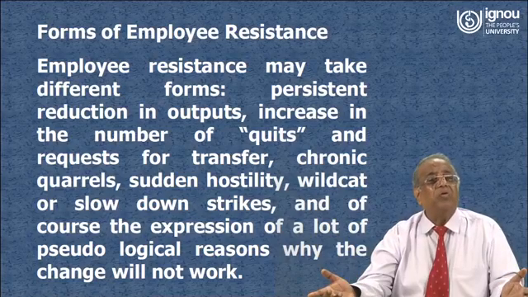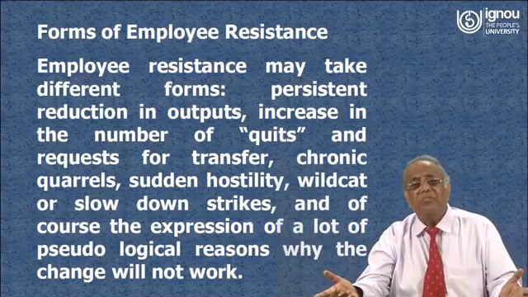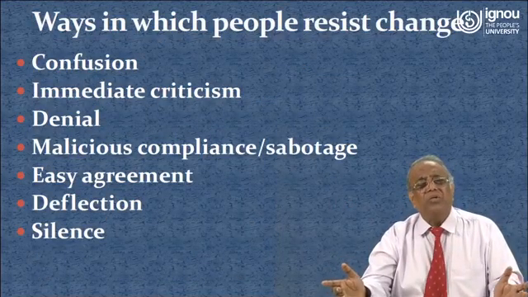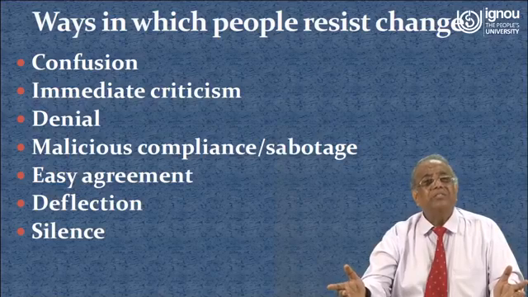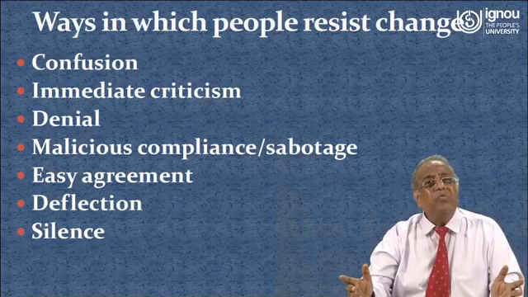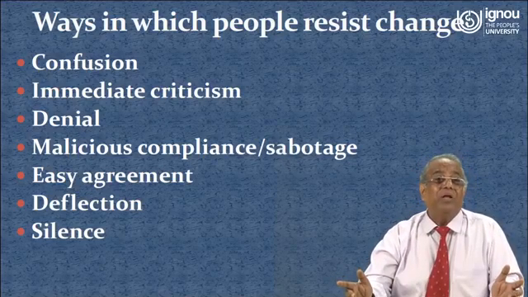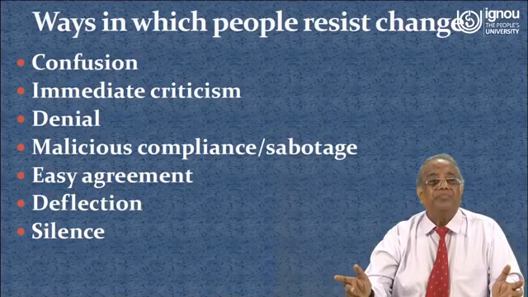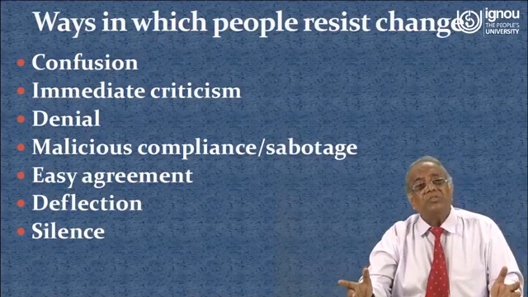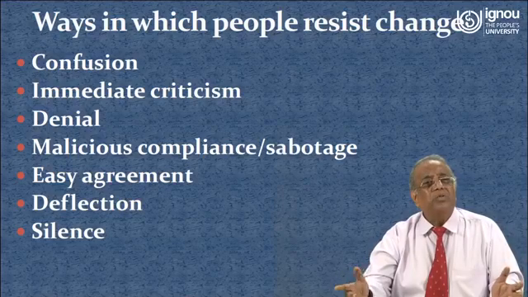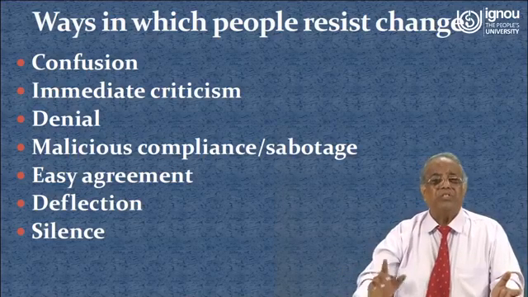Some persons, out of fear, may quit. Some feel confusion because there is no proper information given to them. So the ways in which people resist change: confusion, immediate criticism, denial, malicious compliance, sabotage, easy agreement, deflection or silence. So these are the ways in which people resist change.